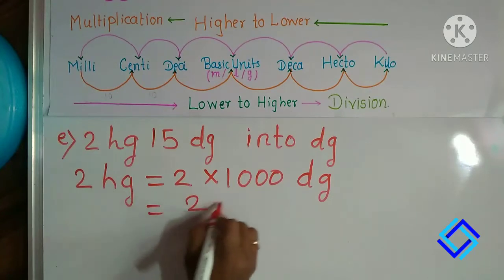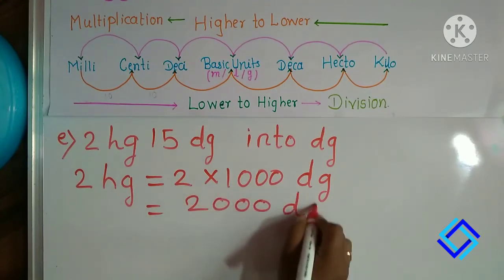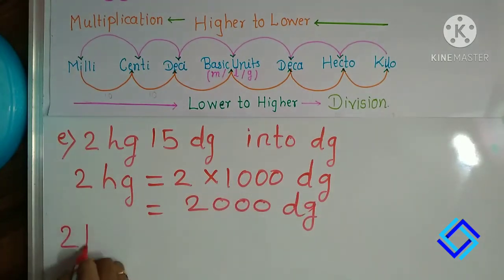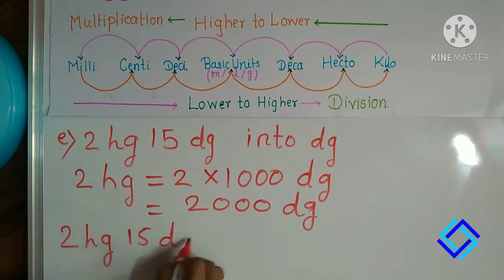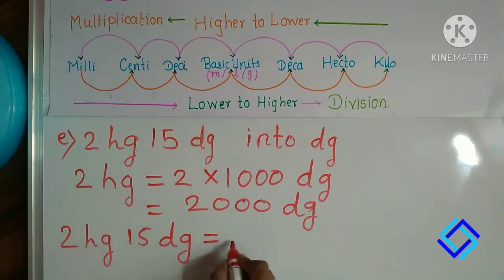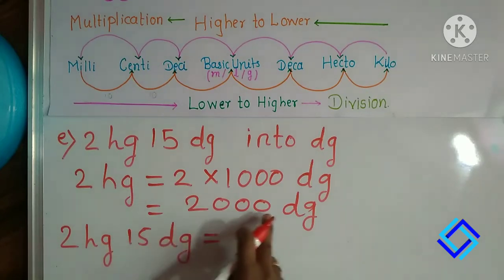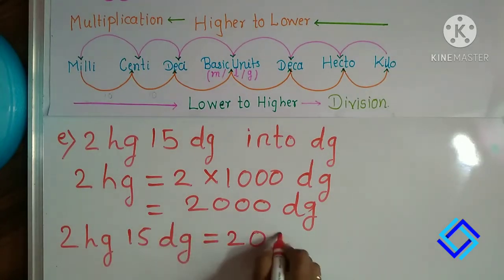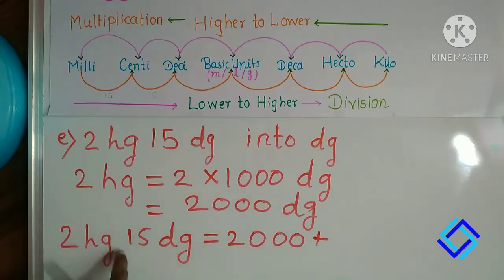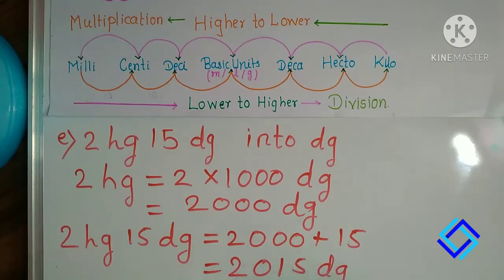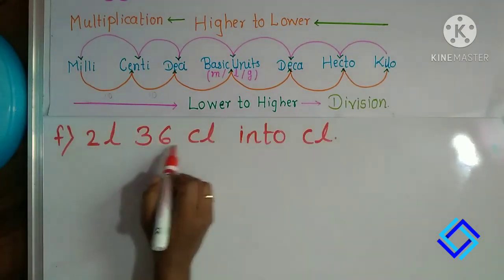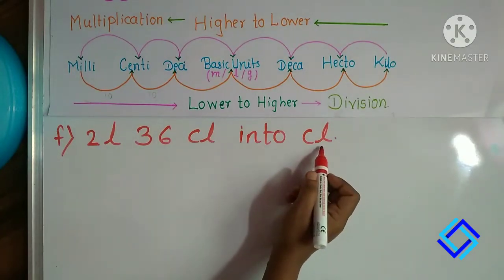So it's equal to 2000 decigram. 2 Hg 15 decigram is equal to 2000 decigram plus this 15 decigram. So it's total 2015 decigram.